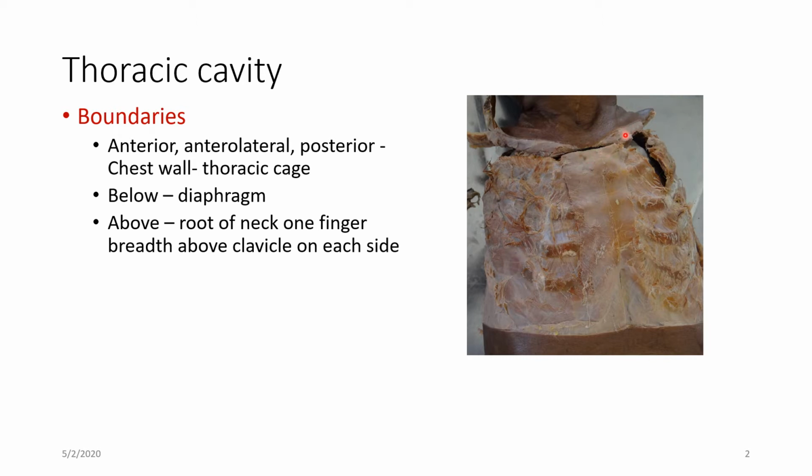And this is the superior aperture of the thorax and through which it communicates with the neck. And below you will find the diaphragm, which separates the thoracic cavity from the abdominal cavity.